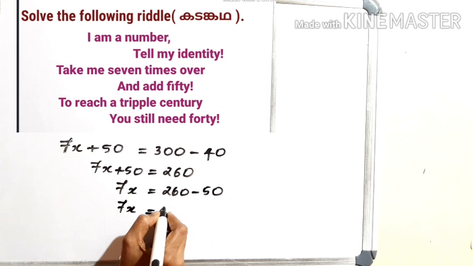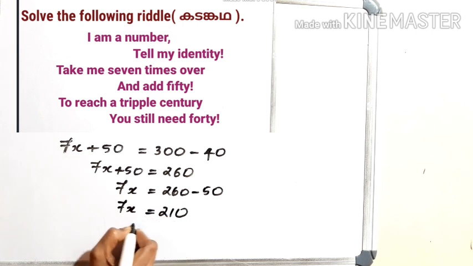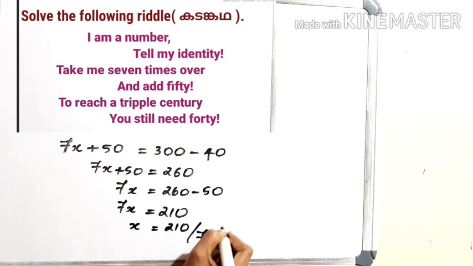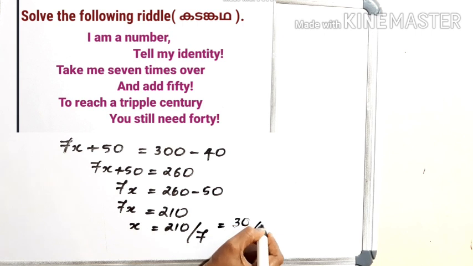Yes, answer becomes 210. Then x equals 210 by 7 equals how much, children? Yes, equal to 30. So our required number is 30.